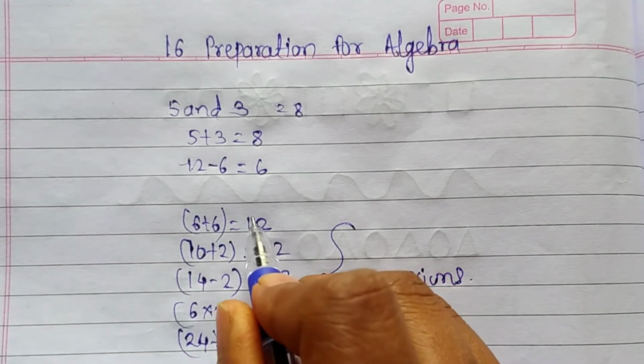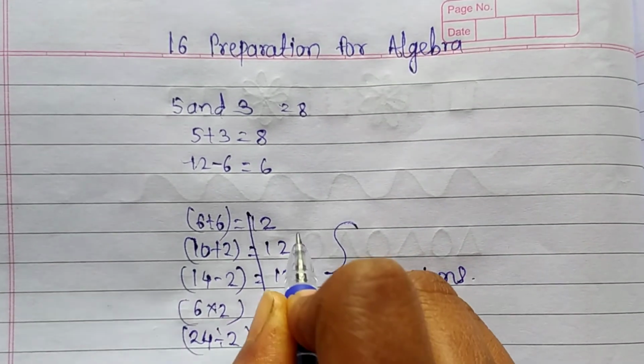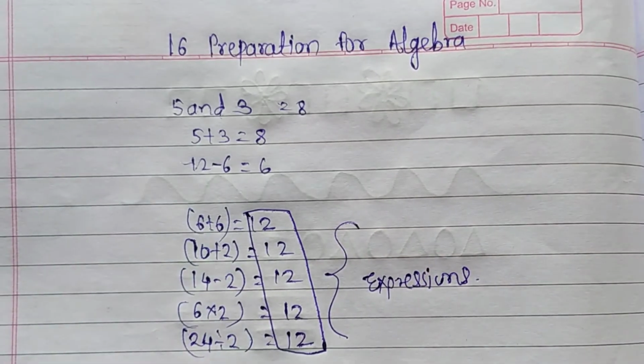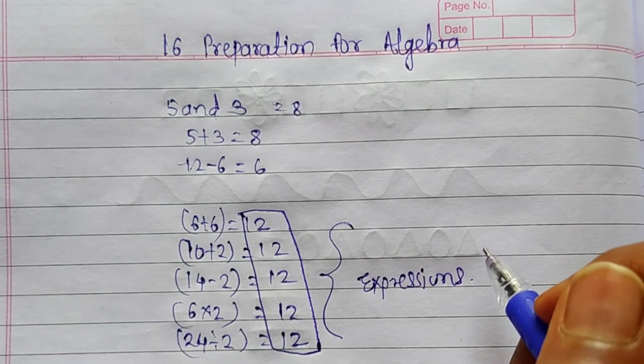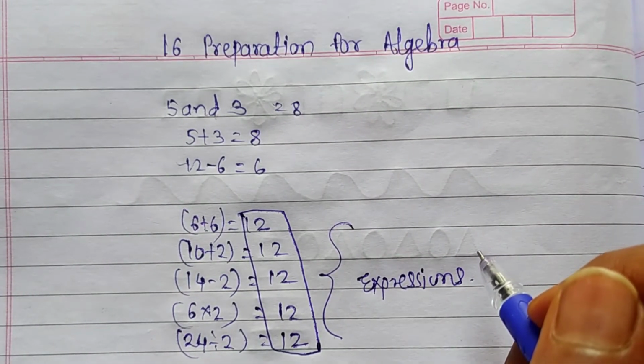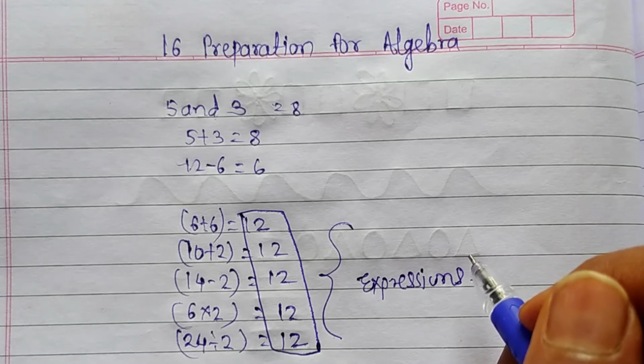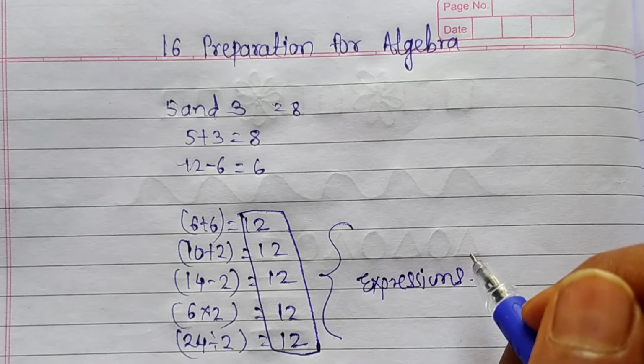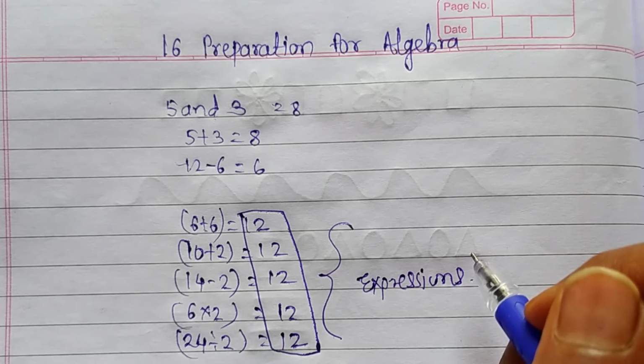This is the value we get. Which means all these expressions are equal to each other. Expressions whose values are the same are called equal expressions, or they are equal to each other.